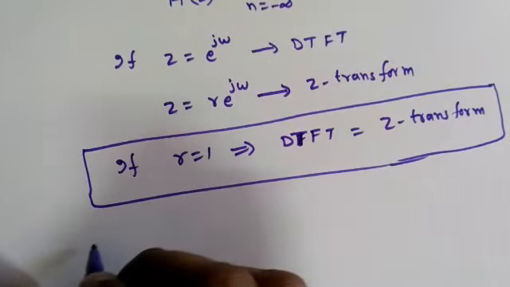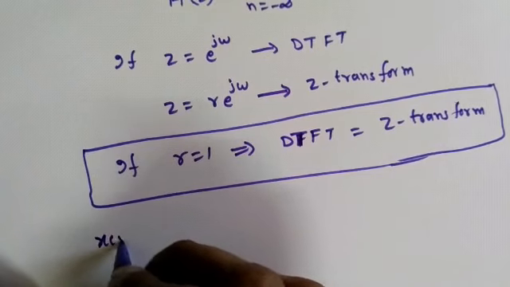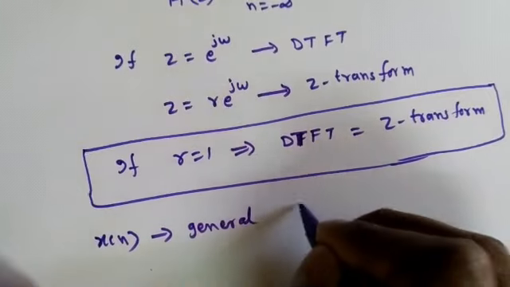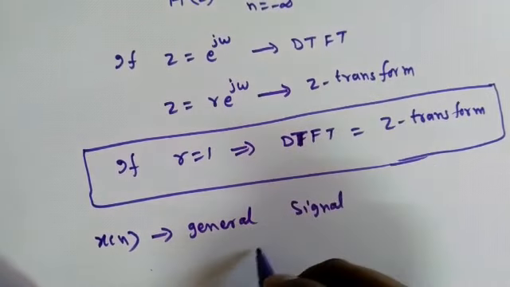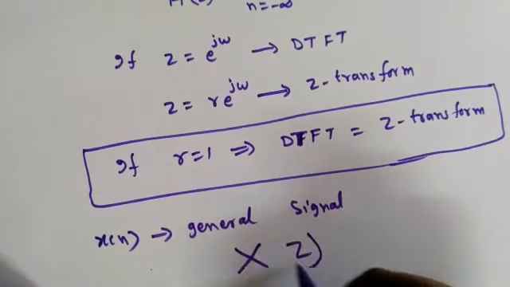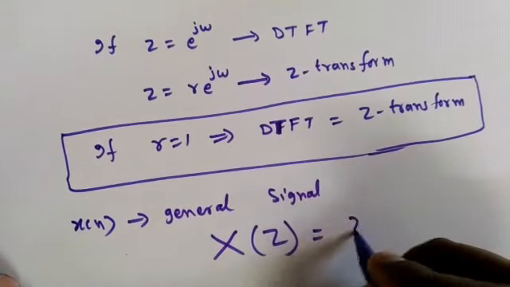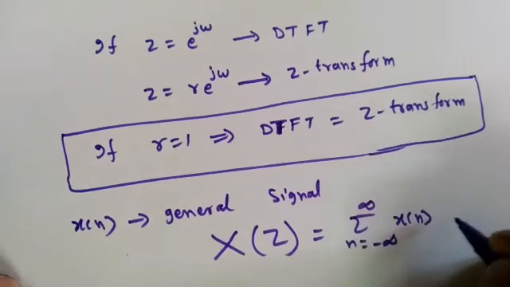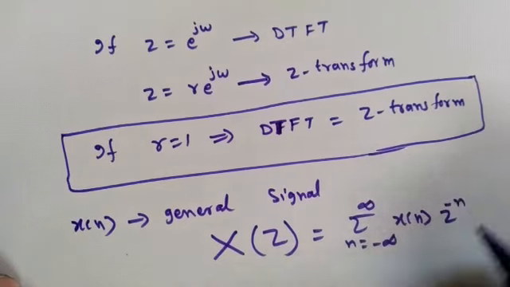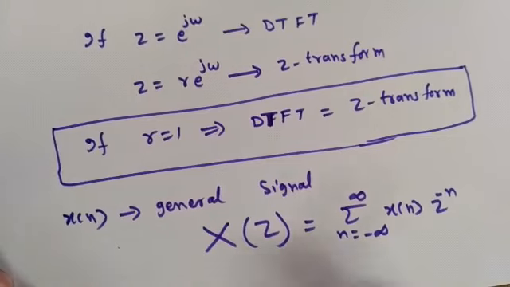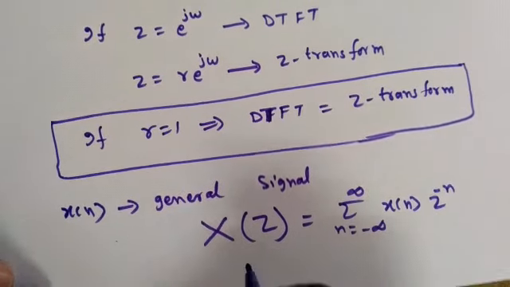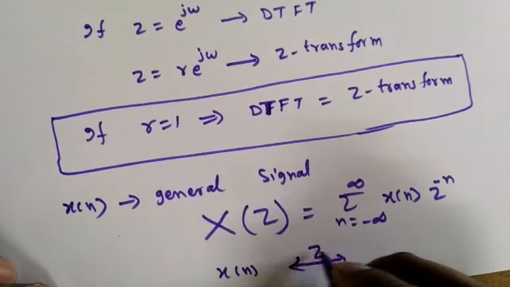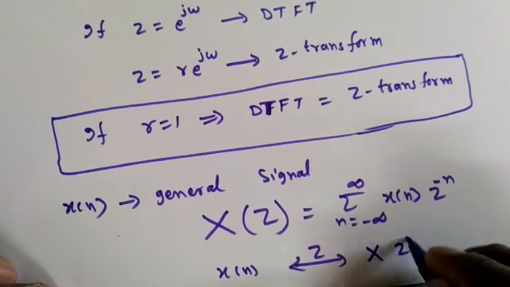For a generalized x of n, that is, general signals, what is the z transform? X of z is equal to sigma n is equal to minus infinity to infinity x of n z power minus n. So this is x of z. Now the notation we will use: suppose x of n is there, so the z transform will be x of z.